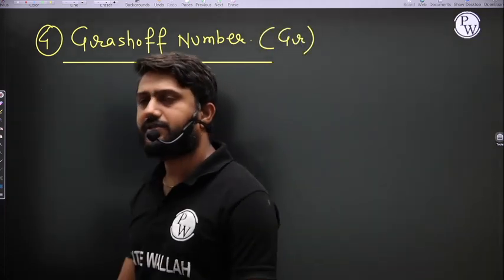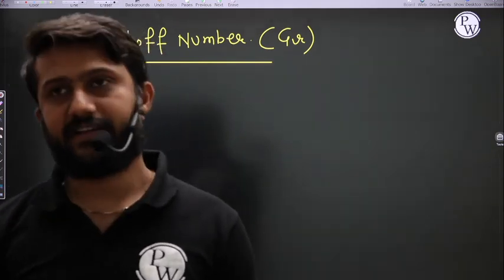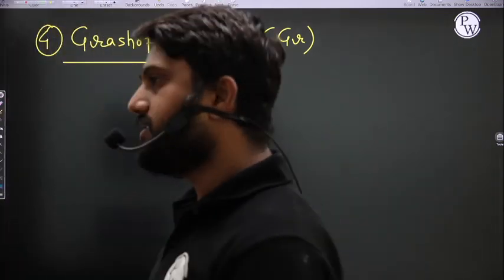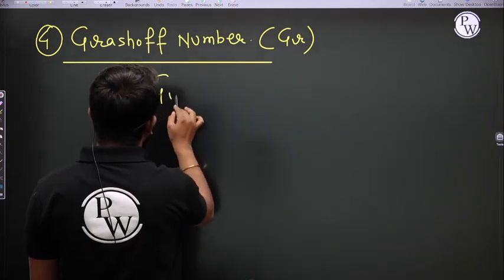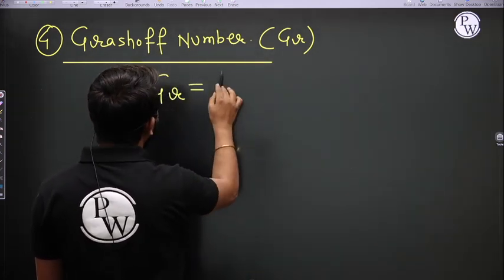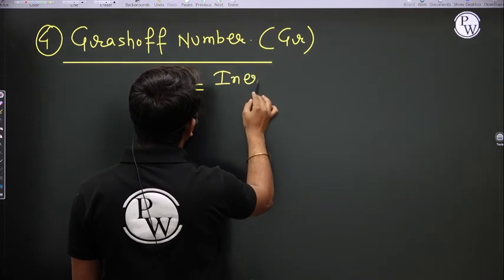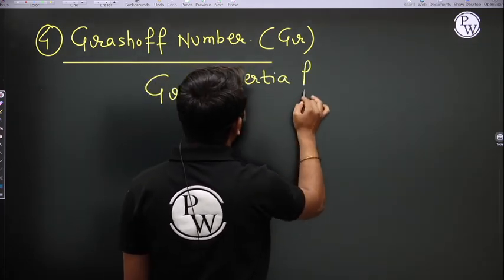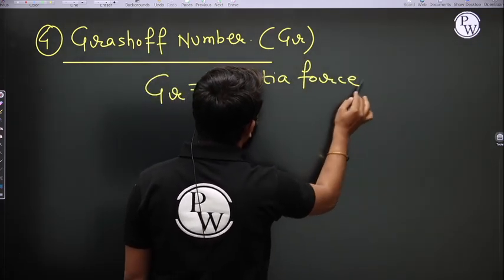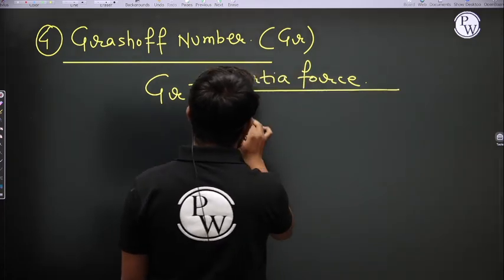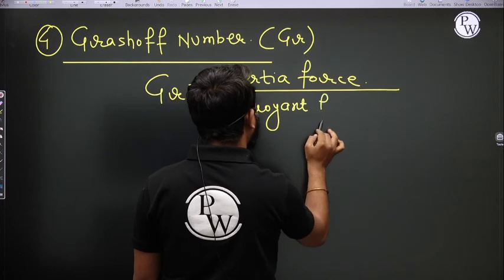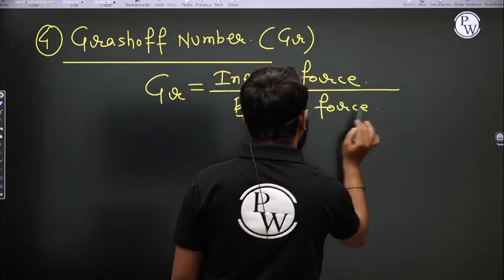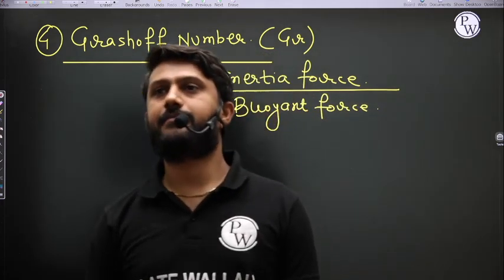It is used in free convection, and it is again a dimensionless number, which is the ratio of two forces. One is the inertia force and another one is the buoyant force.